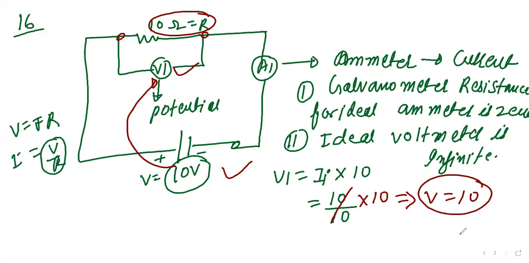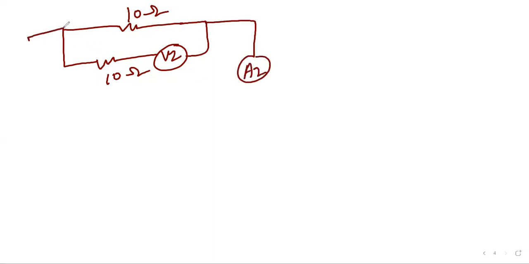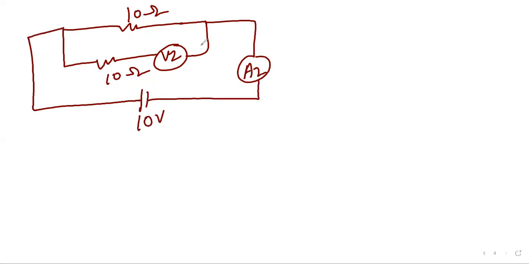Now for the second case, the diagram is like this. This is 10 ohm again. Here a 10 ohm resistor is connected, having voltage V2, and an ammeter is also connected to measure the current. It is also 10 volt. Current passing through is I2.